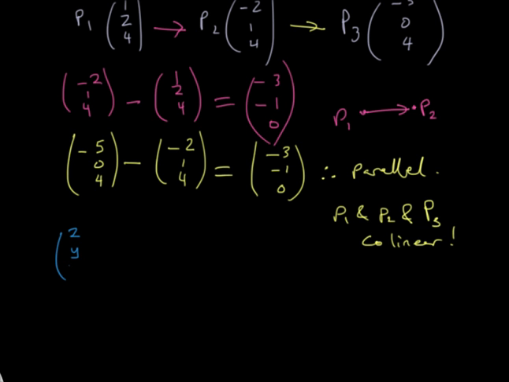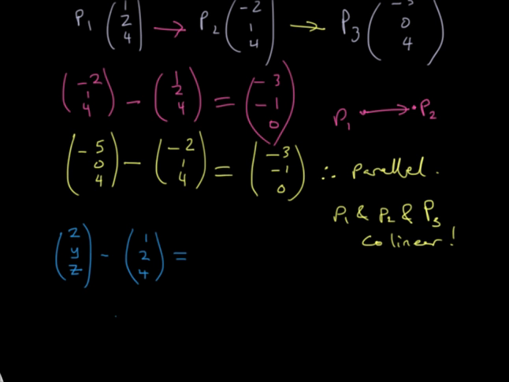Then we can put variables y and z here, and we don't know what they are, but we do know that if it is also collinear with these three, then if we subtract any of these points from P4, we should get a parallel vector also. So let's do this guy minus one of them. I'm going to do P1, which is 1, 2, and 4. It should also come out to be parallel, and that is going to give me the clue to find y and z.